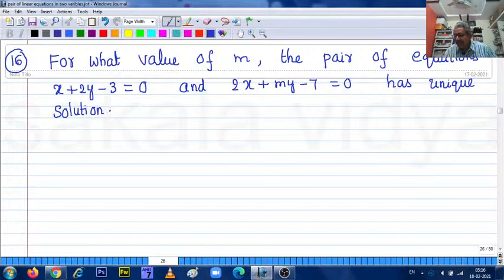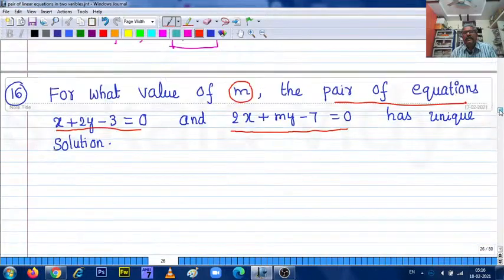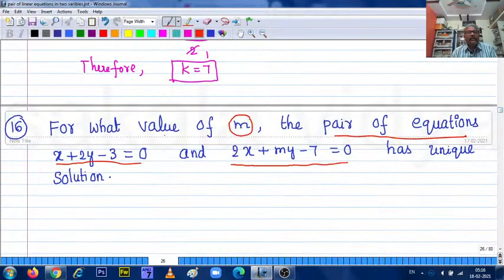This is the question. So now let me read the question once again. For what value of m the pair of equations x plus 2y minus 3 is equal to 0 and 2x plus my minus 7 is equal to 0 has unique solution.